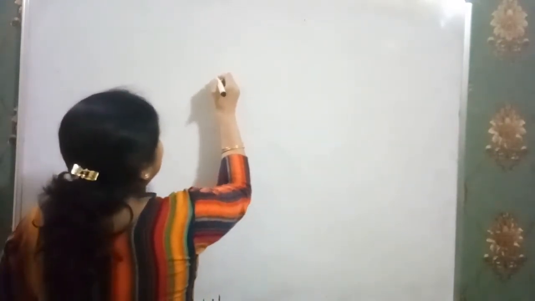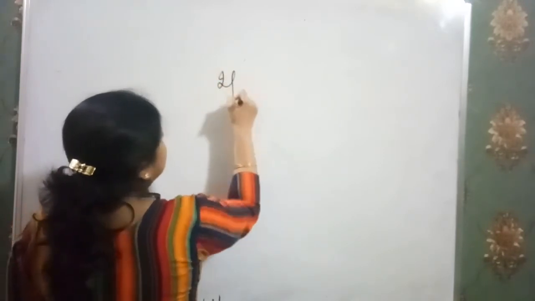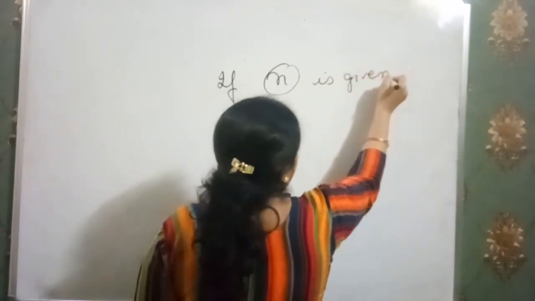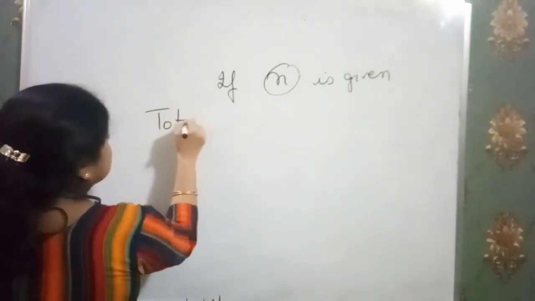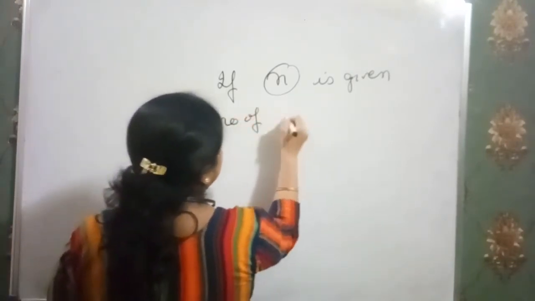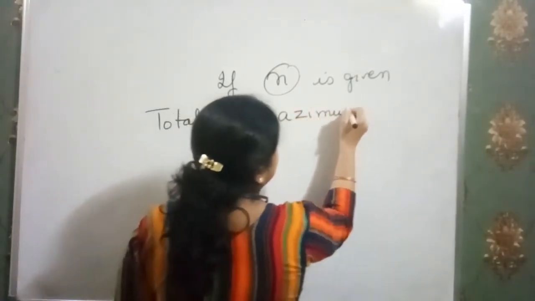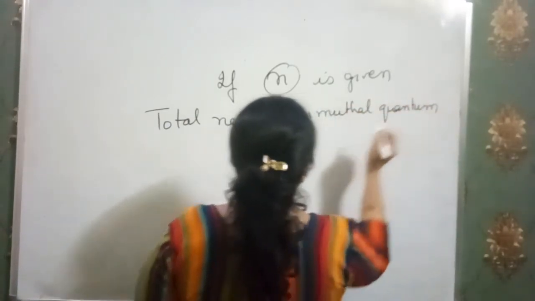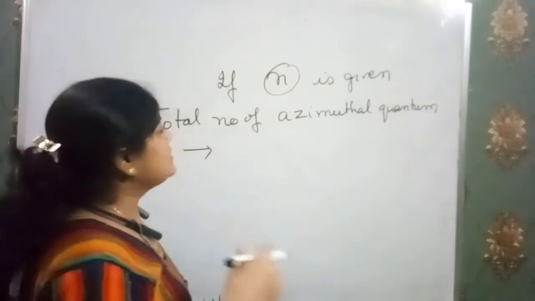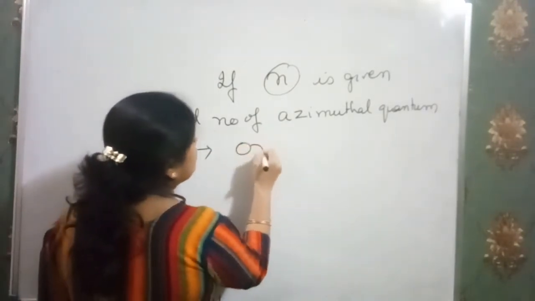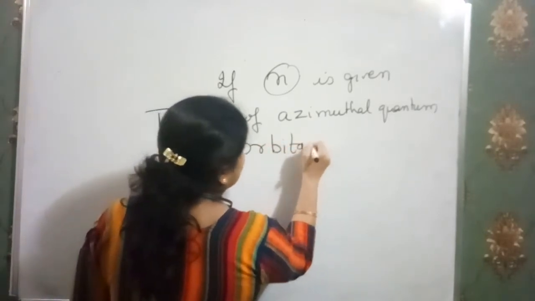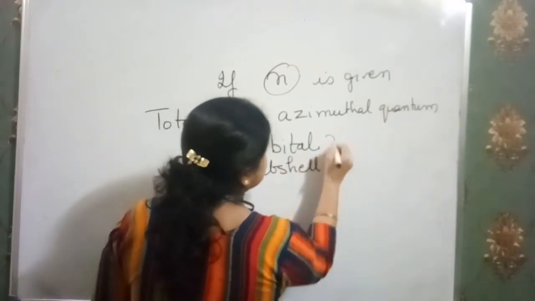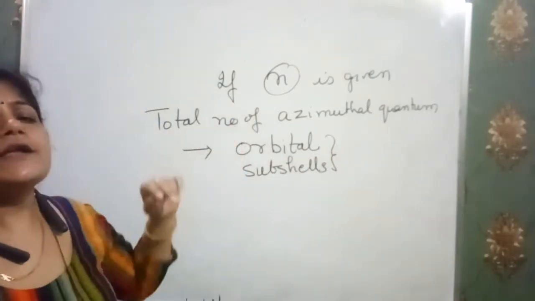For example, if n is given and we have to find the total number of azimuthal quantum numbers, or it can also be asked in this way: find the total number of orbitals, or find the total number of subshells present in the n quantum number.